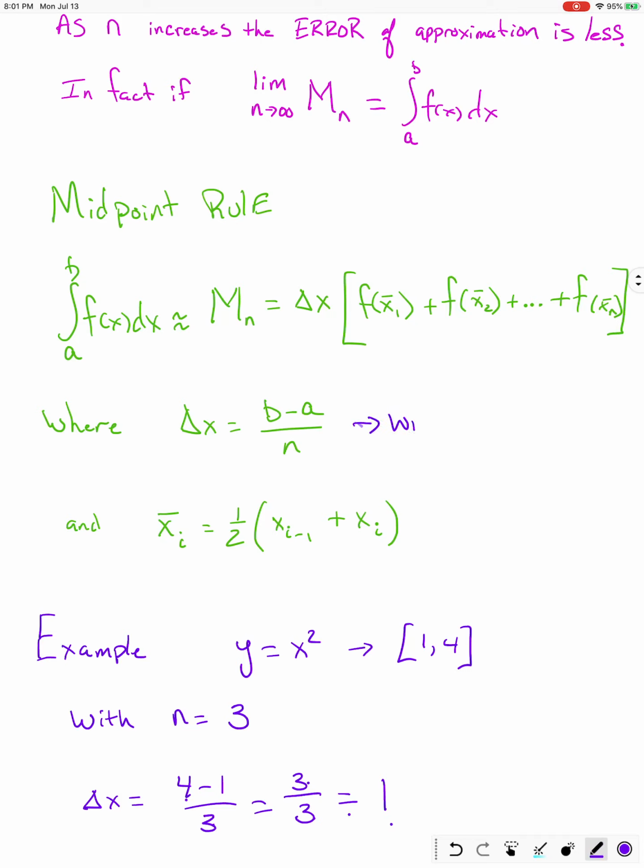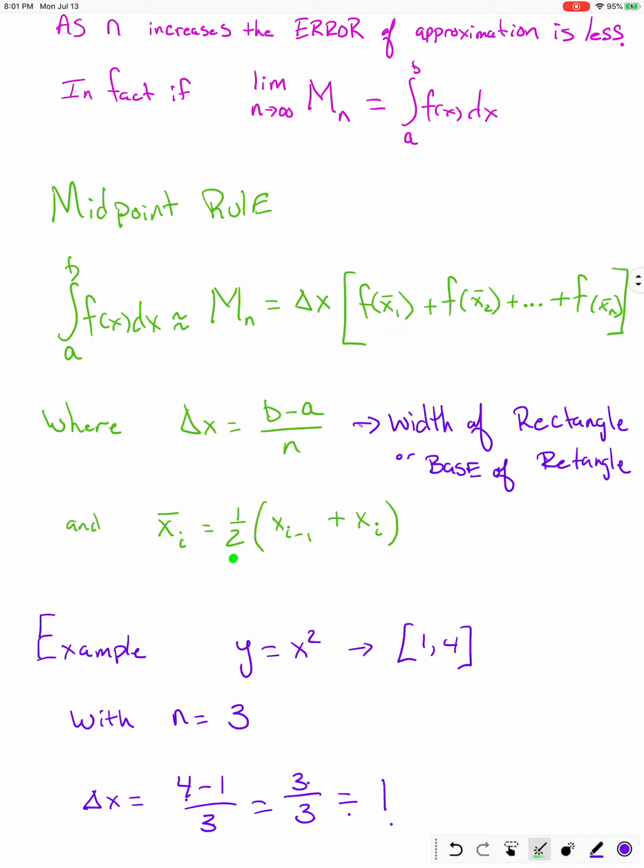This will be the width of a rectangle, or sometimes I've been calling it the base of the rectangle. And then how do we find the midpoint value that we're going to plug into our function to find the height?